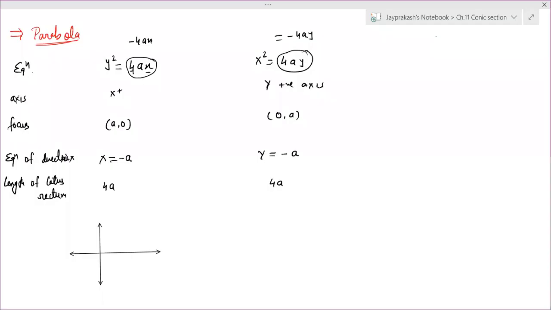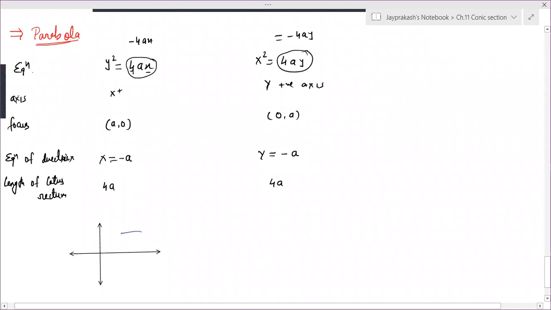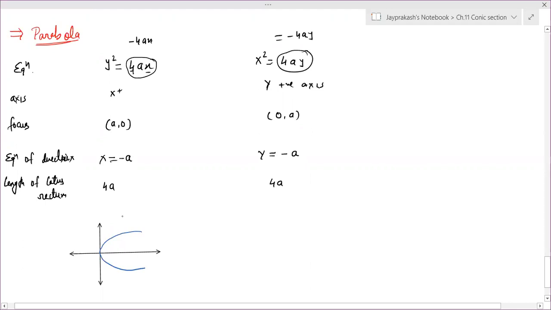So first equation, that is y square is equals to 4ax, then the axis will be like this, because our parabola is y square is equals to 4ax.